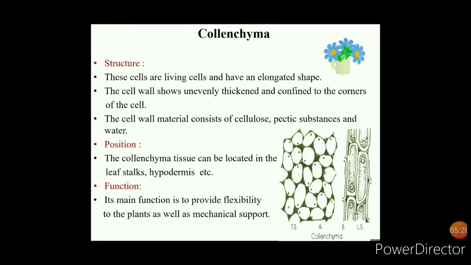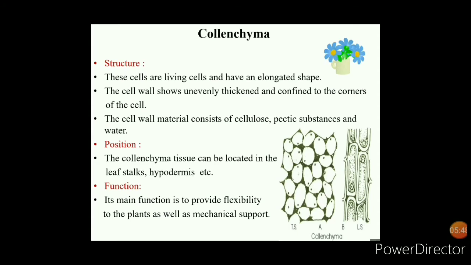The second simple tissue is Collenchyma. The cells are living cells and have an elongated shape. The cell wall shows uneven thickening, confined to the corners of the cell. These are also called angular thickenings.